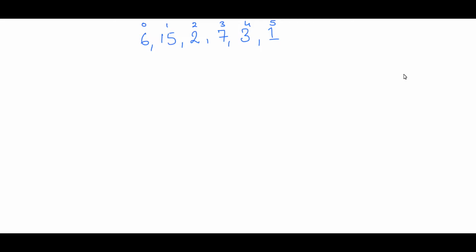So for our purposes, let's assume that we're going to keep track of our current index in a variable called CI. It's always going to point to the element on the left.